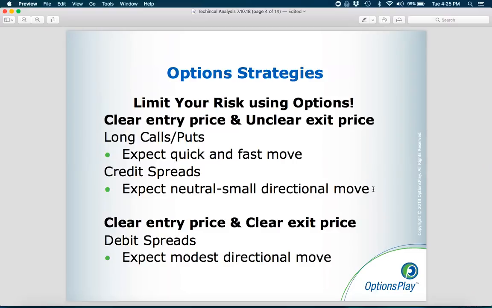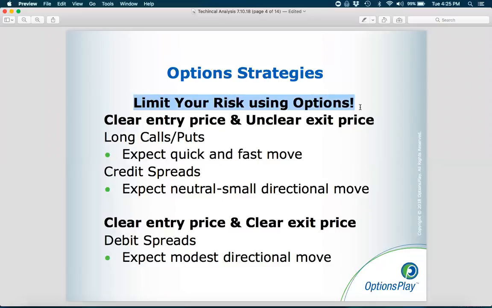So one of the reasons that I have focused my trading into options with my technical analysis is simply because options really allow me to take a directional view with my technical analysis, but use it by limiting my risk. Because when you trade options, you can limit your risk, because when you buy a call or a put, or if you buy some type of spread, your risk is completely limited no matter where the stock or asset goes against you.